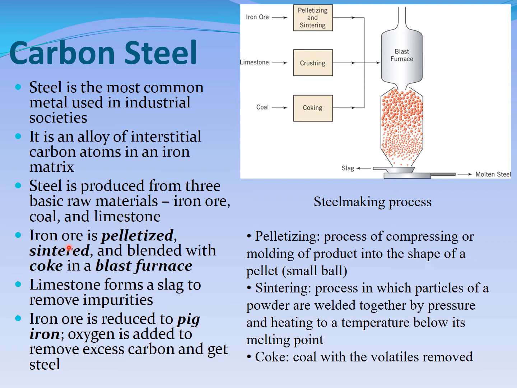So pelletizing, sintering, solid coke, blast furnace, pig iron, right? What is pelletizing? I have explained. What is sintering? I have explained. What is coke? I have explained again, right? So steel making process.